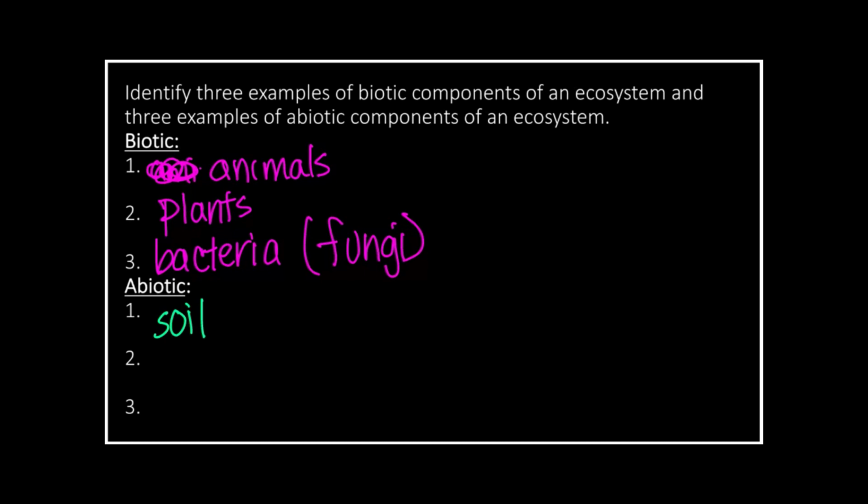Now, technically, there's living organisms within the soil, but the soil itself is made of ground up rock particles, so soil itself is not living, but there are living things in there, like that top layer with the humus and stuff. Water, rock. Those things are not living.